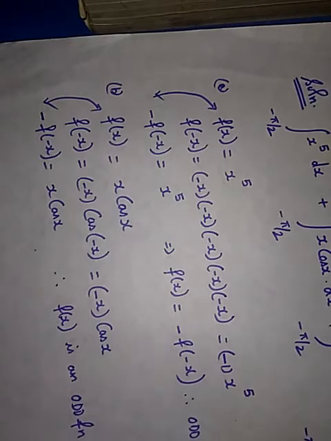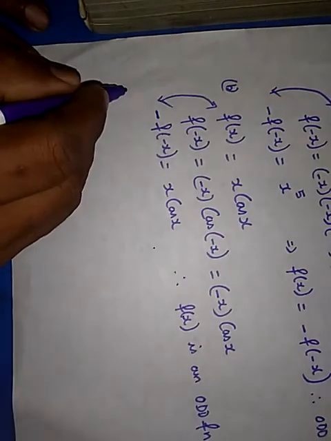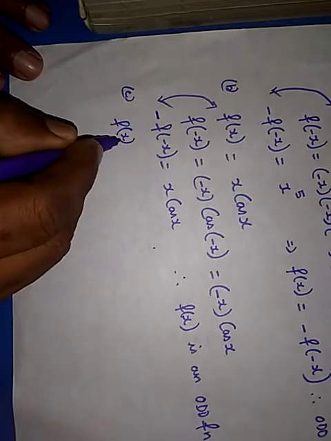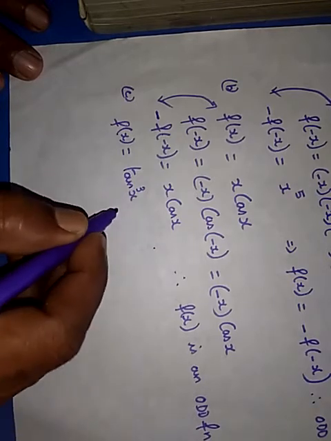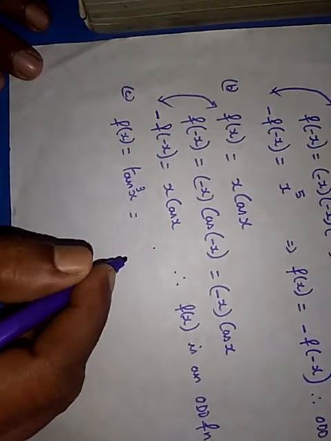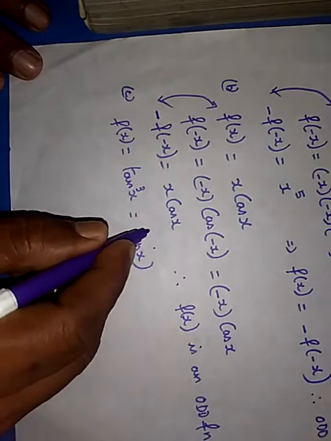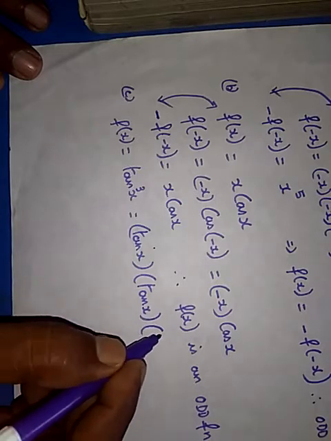Next we will check the third case. What is the third case? Third case is f of x equal to tan cube x. Tan cube x is nothing but tan x into tan x into tan x.